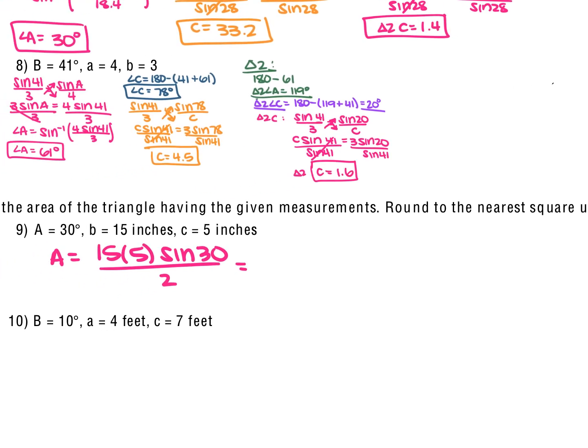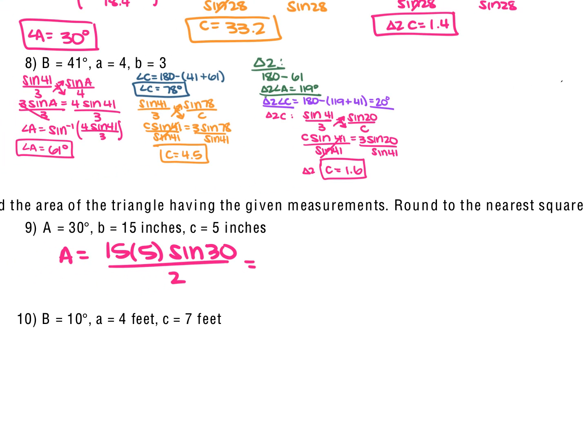We're rounding to the nearest square unit. We are working with inches on this one. So 15 times 5 times the sine of 30 divided by 2 gives us 75 over 4, which is 18.75. If we round to the nearest square unit, that's 19 inches squared.